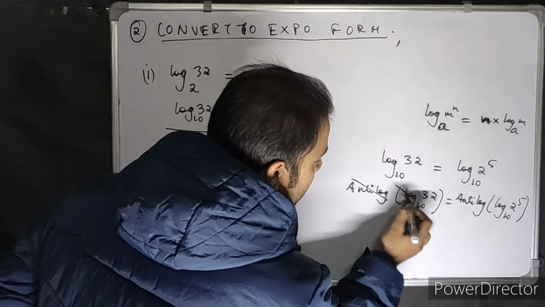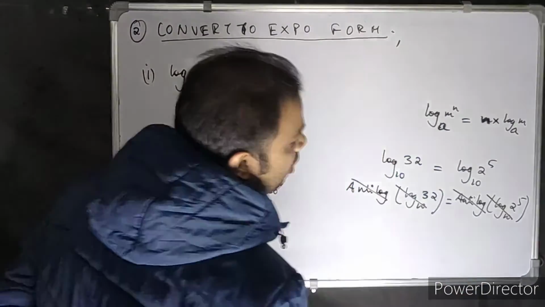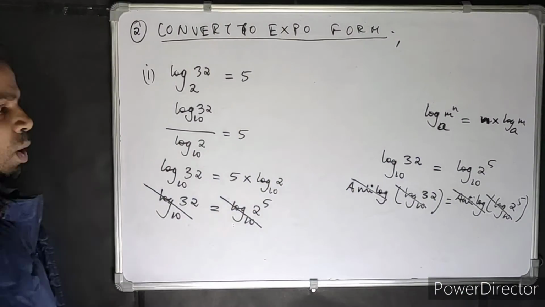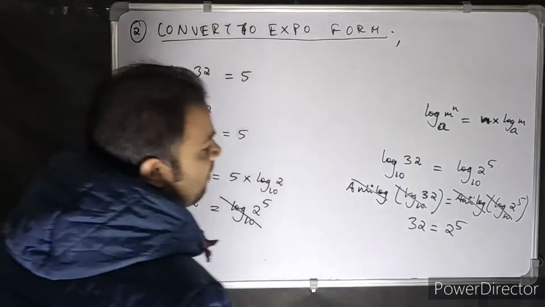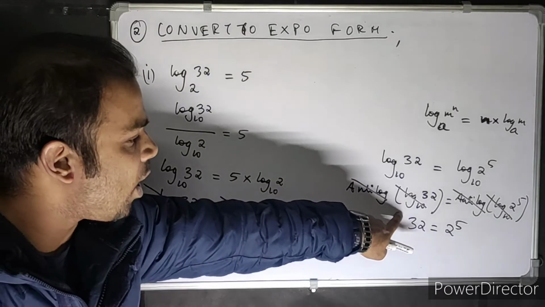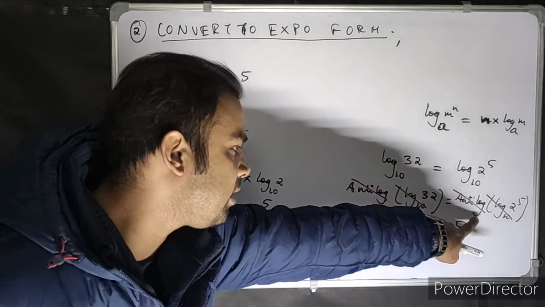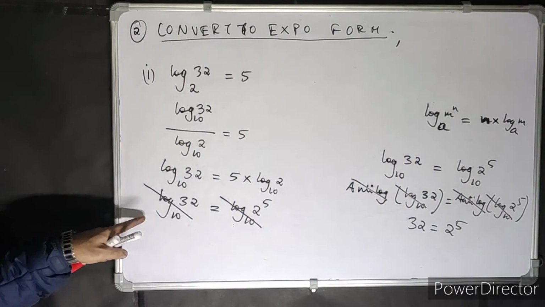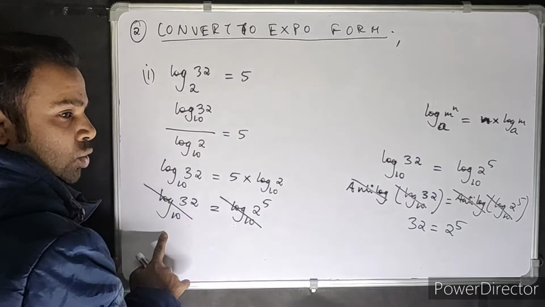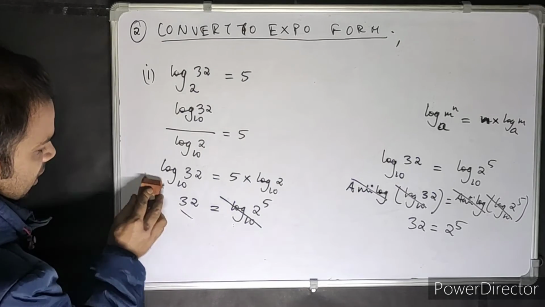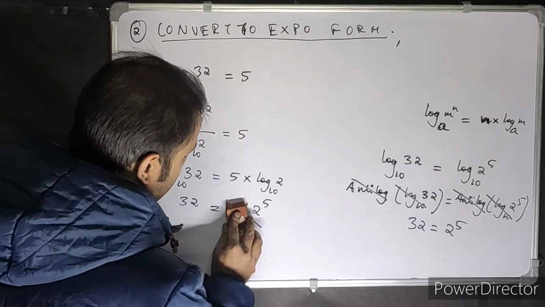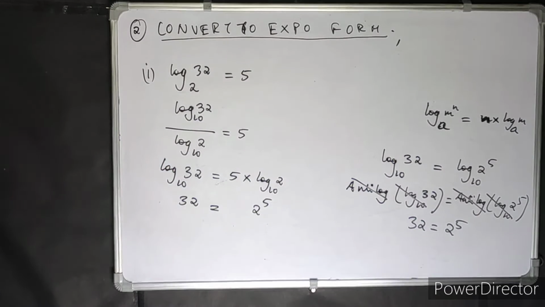The anti-log and the log is getting cancelled. So what you're left with? You're just left with 32 is equal to 2 to the power 5. So the anti-log and the log gets cancelled. The log here and the log there does not get cancelled. If you do this, you will lose 1 mark. Let me tell you. You will not do this. So what will you do after this? Leave the answer like this? No, of course not. You will not show anything.